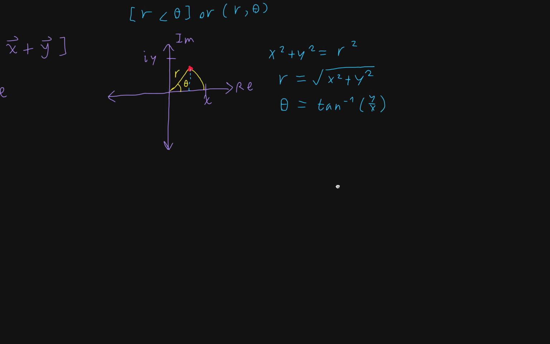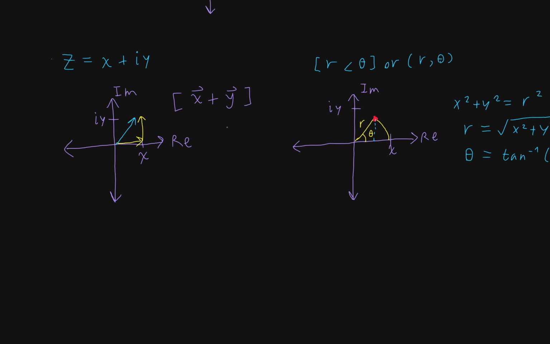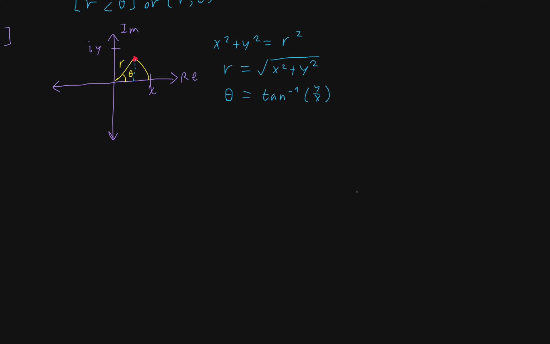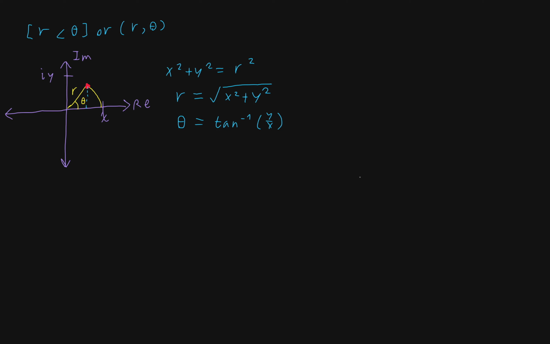Now how about representing these in terms of a sum of complex numbers like before? Here it's going to be basically the same way, now in terms of trigonometric functions. When you think about this as the unit circle definition, just multiplied by r, x is the horizontal component. This is going to be cosine theta multiplied by r. And then with y, it's going to be sine theta, but then you also include the i here.